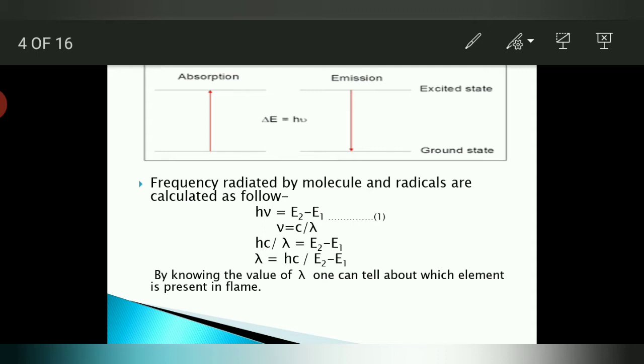So by knowing the value of lambda, one can tell which element is present in our flame. This is the mathematical expression, and from the above diagram we can easily see that delta E is nothing but h nu, meaning the amount of light energy absorbed to convert the ground state into the excited state.